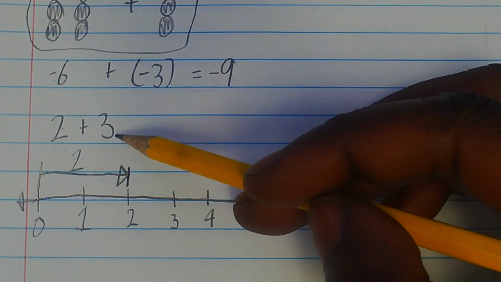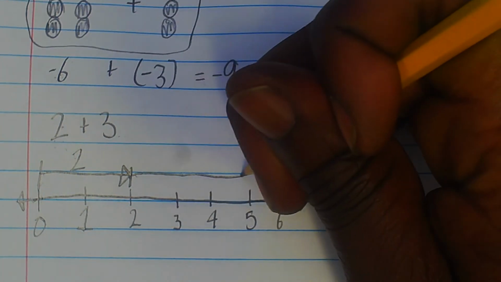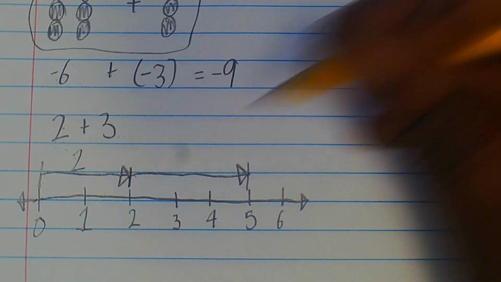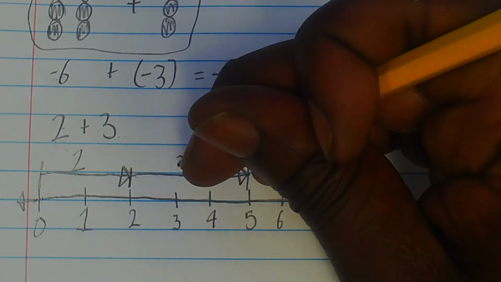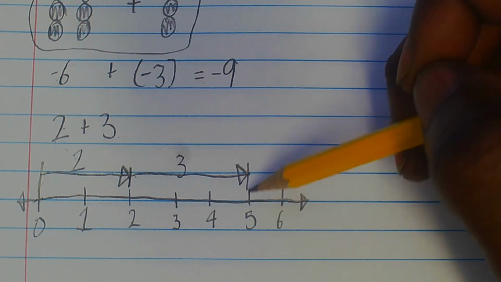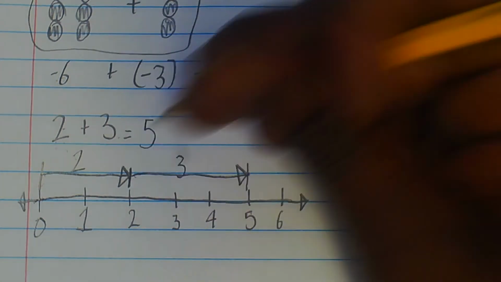Then I need to represent the second value, the 3. So we have 1, 2, and 3. So this is what this model would look like on a number line. And where that arrow stops, that's going to be the value or your final answer. Of course, 2 plus 3 is 5.